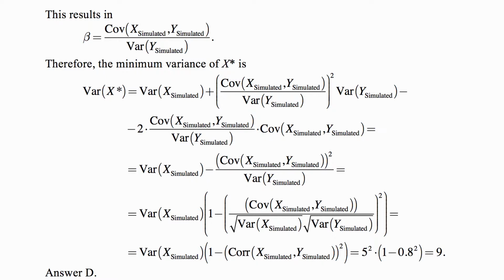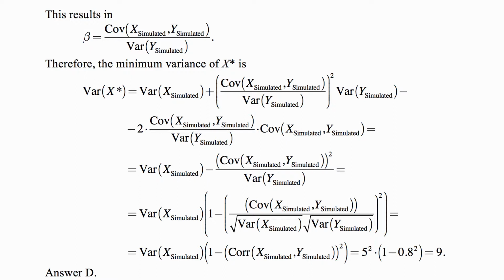The covariance divided by the product of standard deviations is the correlation. That correlation of X simulated and Y simulated is given in the problem, and also the variance of X simulated is given as 5, and the correlation is given as 0.8. So we plug in those two values and we get the answer of 9, which is answer D.